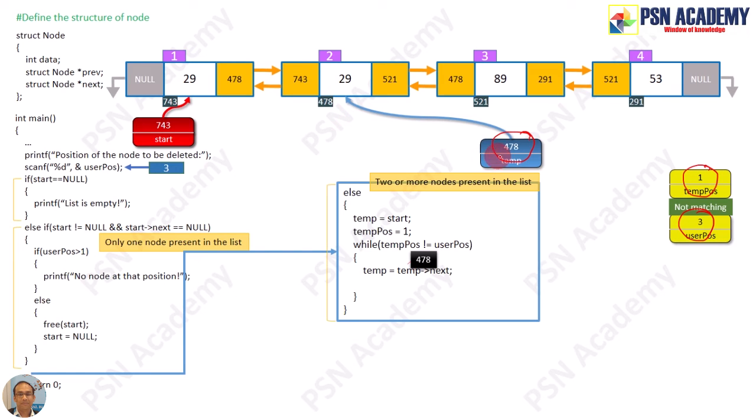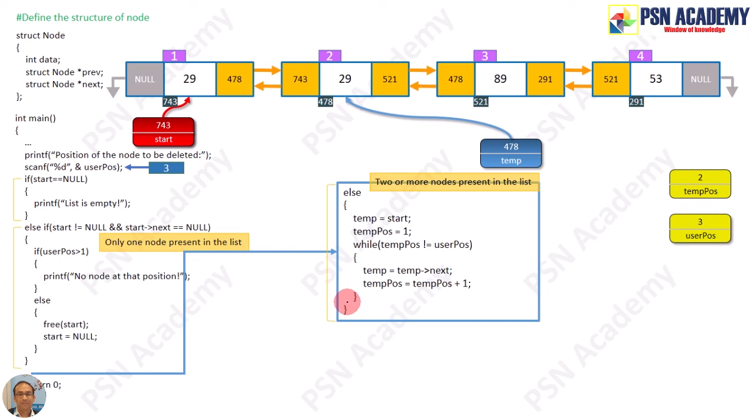So temp is now pointing to the second node. Now you have to keep track of the temp pos variable because temp pos is still holding 1. So we will go for an increment here, that temp pos equal to temp pos plus 1, so that temp pos becomes 2.